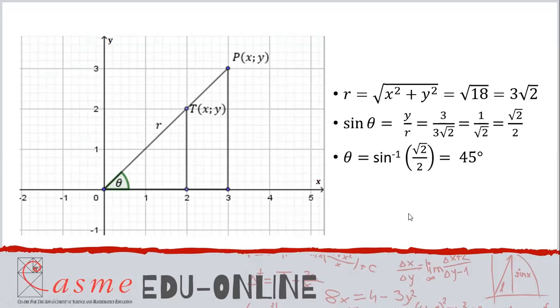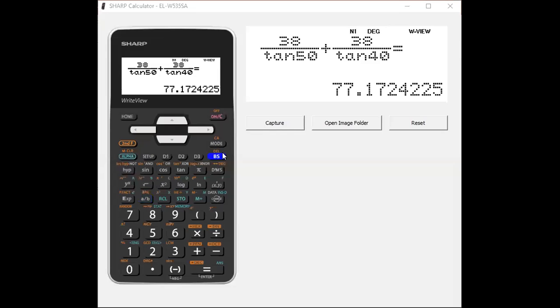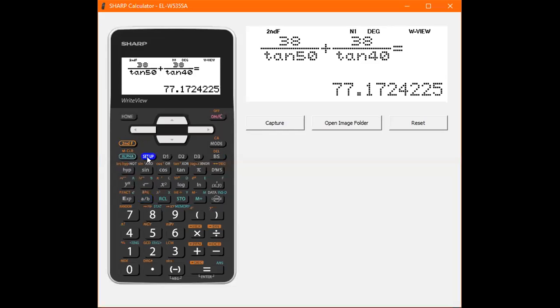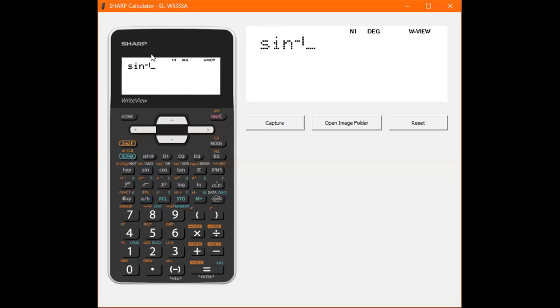Sure, Phatha. Here it is. When you want to access the arcsine of something, you need to use your second function button on the calculator. So we press second function first and then the sine button, and that will give us that little -1 in the top corner. And then we have root 2 over 2, right? Yes.